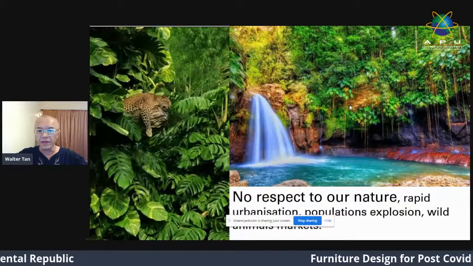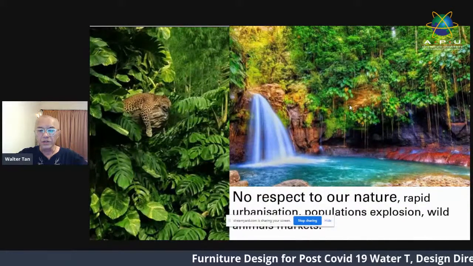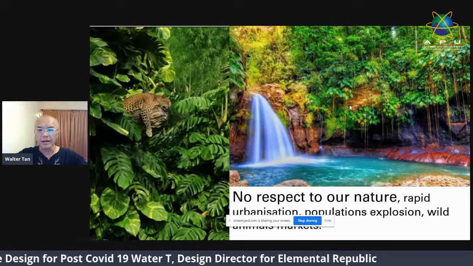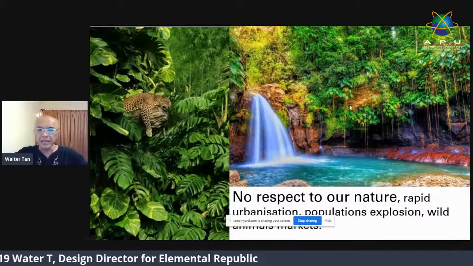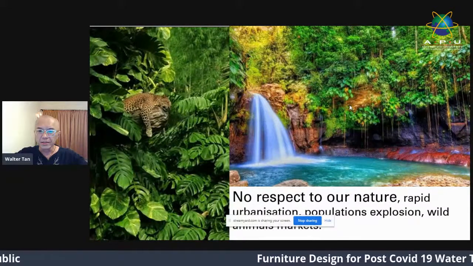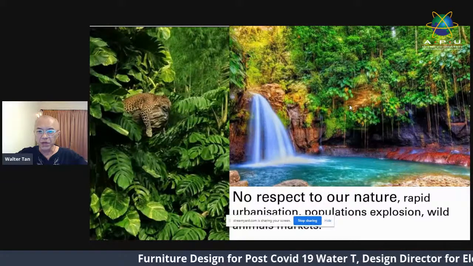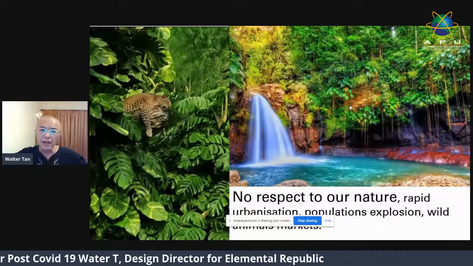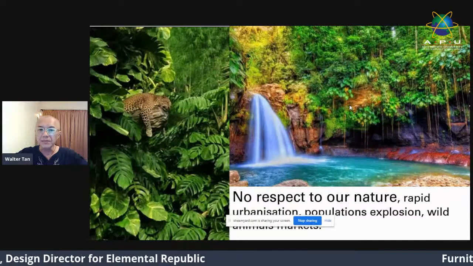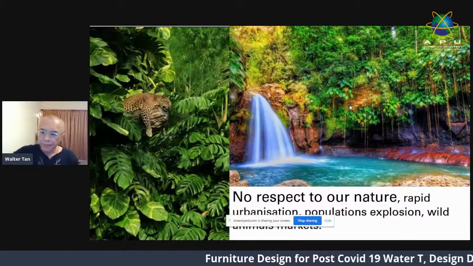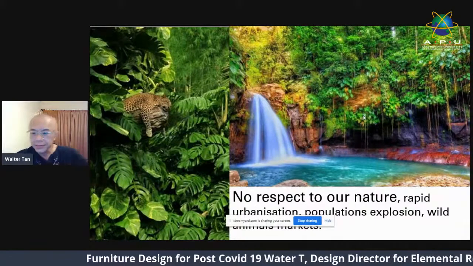KFC now has Beyond Meat products in four major cities in China: one in Shanghai, one in Beijing, one in Guangzhou, and one in Shenzhen. It's actually plant-based meat. So let me go to the next.